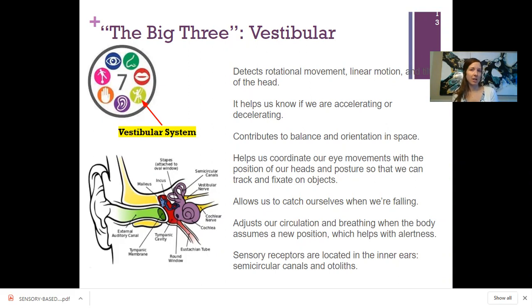So you can imagine kids who sit for a very long time and don't move out of that position might lose attention and alertness. But if you give them opportunities for movement, or have them sit on a little cushion that wiggles, that vestibular system can get activated and adjust circulation and breathing, which can really help with alertness.